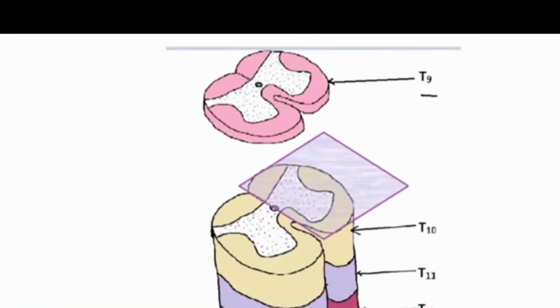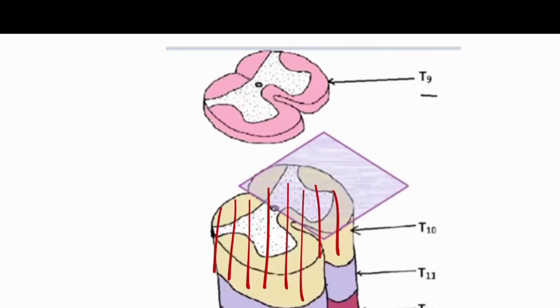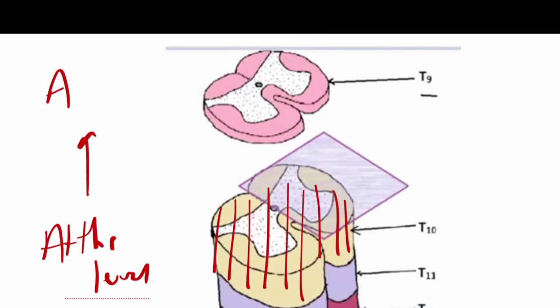So, first one. Okay, so we're going to look at this three ways. T10 is the issue. So we're going to look at it at the level, above, and below.